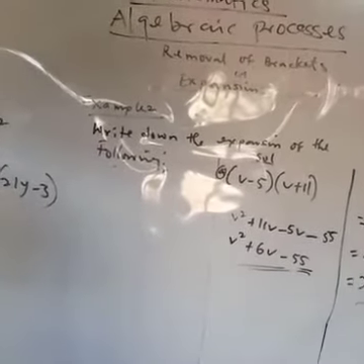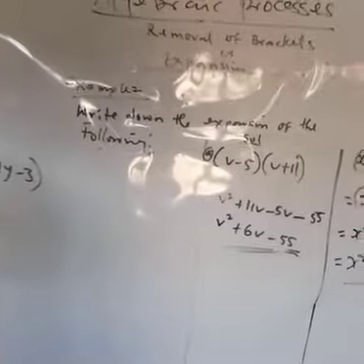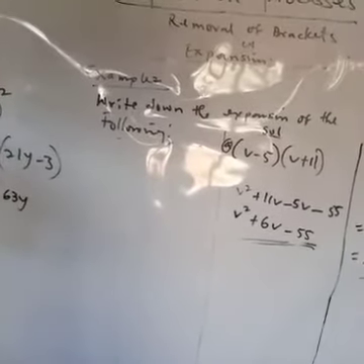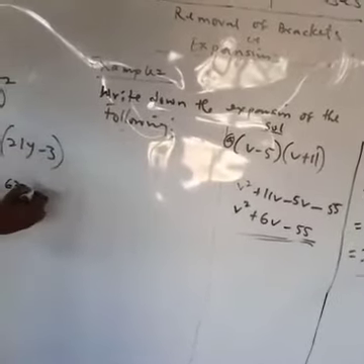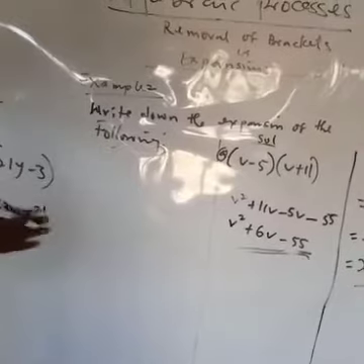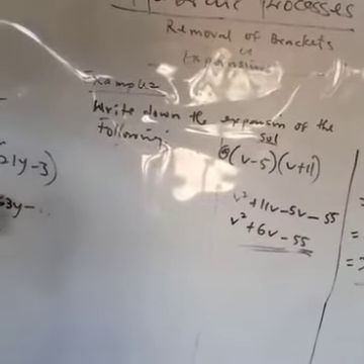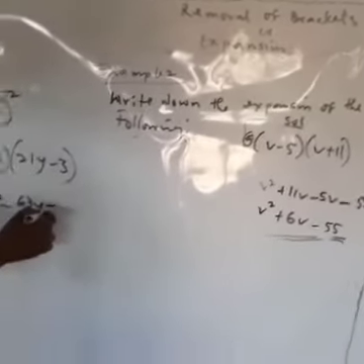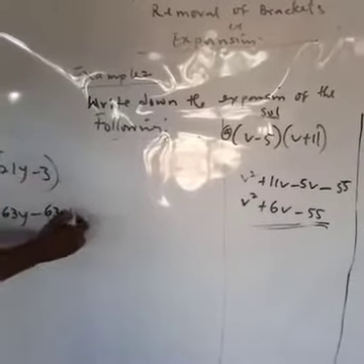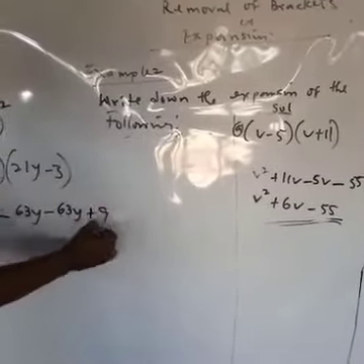Then 21y times minus 3 is minus 63y. Minus 3 times 21y is also minus 63y. Minus times minus is plus. 3 times 3 is 9.